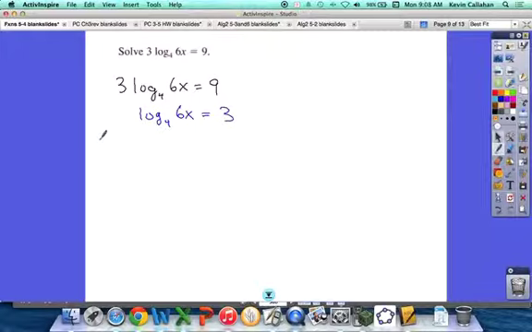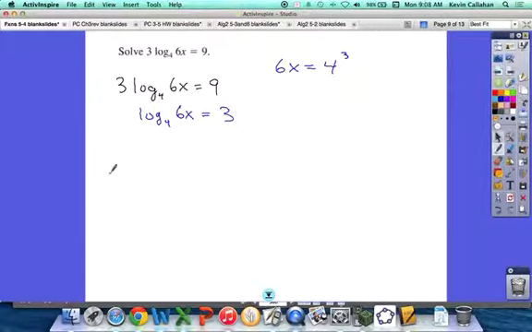Okay, now that we've isolated it, convert to an exponential. What will the exponential be? Here's the base, 4 to the 3rd equals 6x. Again, that's that next step. There could be a little bit of solving to do at that point.